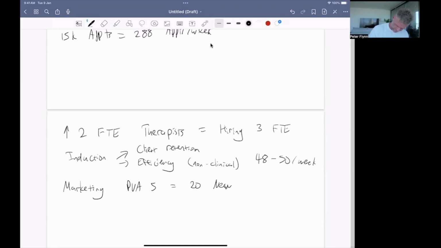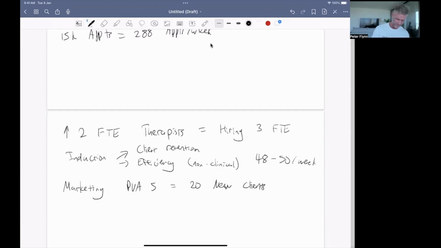Now, if the PVA is 10, we wouldn't need an extra 10 new clients? Basically, how I did that math was if someone's going to be seen 5 times, the easiest way is to take the total number of extra clients you want to have, divide it by the PVA. It's a rough measure, but it'll give you about where you need to be. So you're looking at an extra 20 new clients per week.